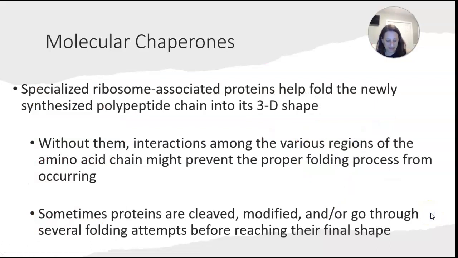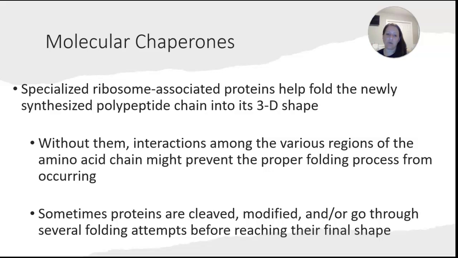So the very last thing that I want to leave you with is that after these proteins dissociate from the ribosome, they have to be folded, right? In order for a protein to function, it has to be in its proper three-dimensional shape. Form equals function. Oftentimes there are these specialized ribosome-associated proteins called molecular chaperones, that's the title on the slide, that help facilitate this process.